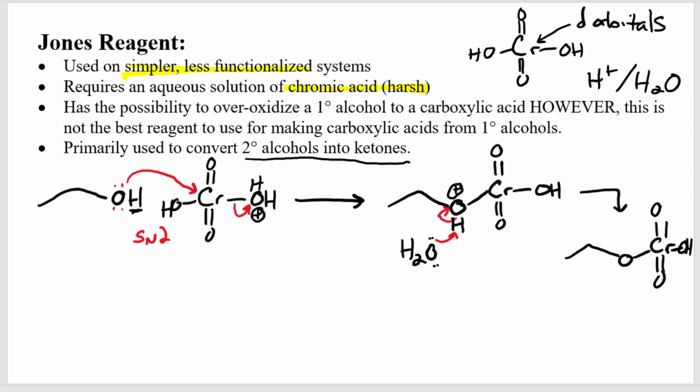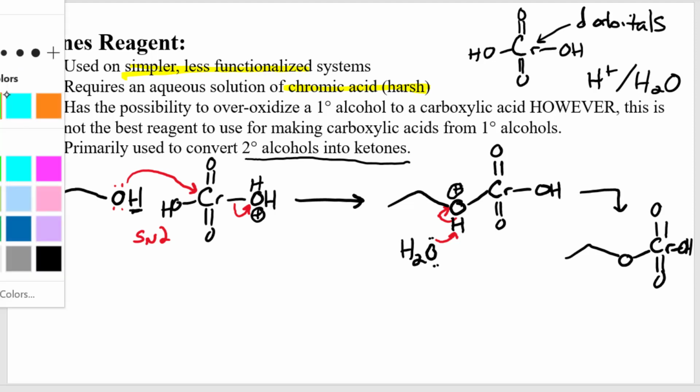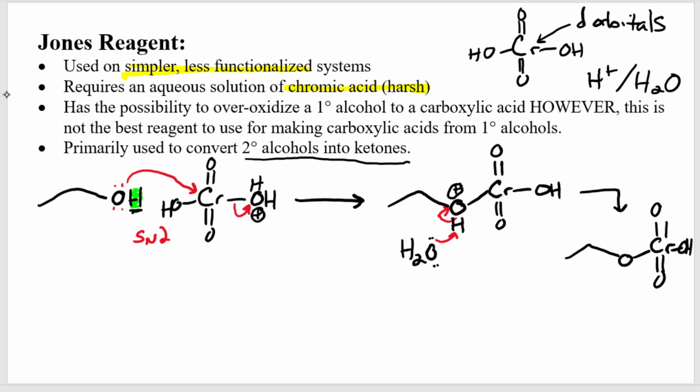I am now here. What I have done from start to finish is I have exchanged a hydrogen for the chromium. In this SN2 exchange, the oxygen is the nucleophile and it attacks the chromium in an SN2 style, and then the proton is removed through acid-base chemistry. And I form this chromate ester.